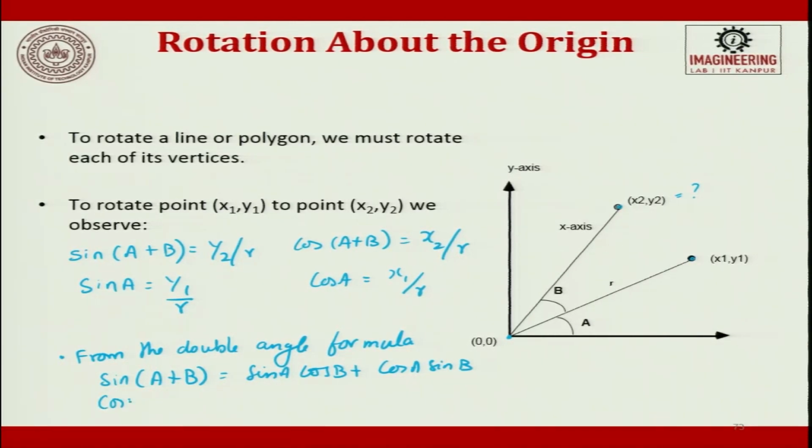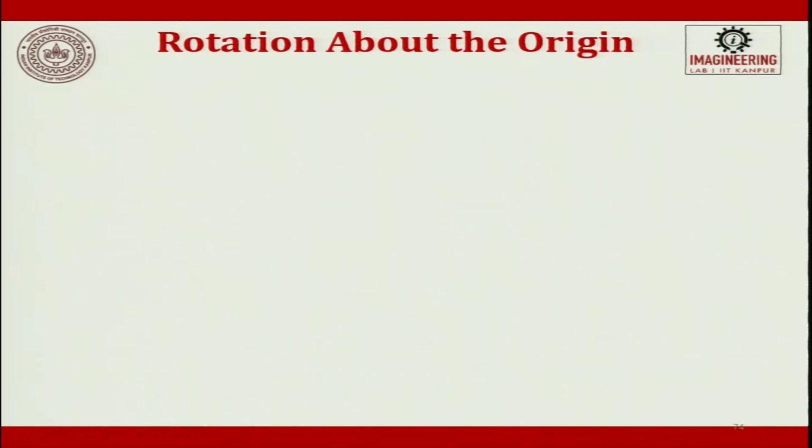Then cos(A+B) can be written as cos A cos B minus sin A sin B. Now, when you are substituting back into the equation, what do you get?